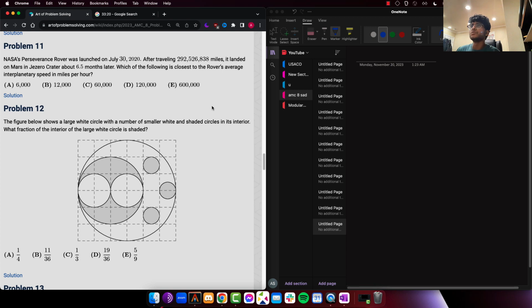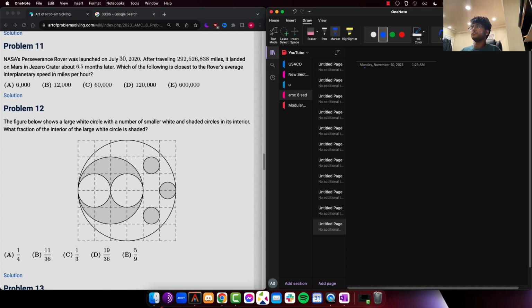NASA's Perseverance rover was launched. What are these numbers? Okay. It landed on Mars, 6.5 months. Okay, so miles per hour. So we have miles and we want to find hours, and we do powers of 10, so we're doing scientific notation. 1, 2, 3, 4, 5, 6, 7, 8.